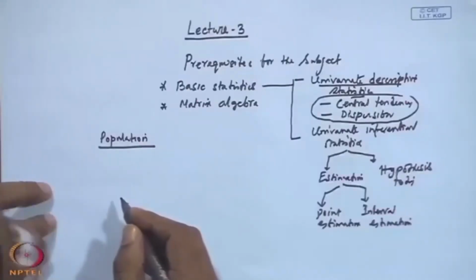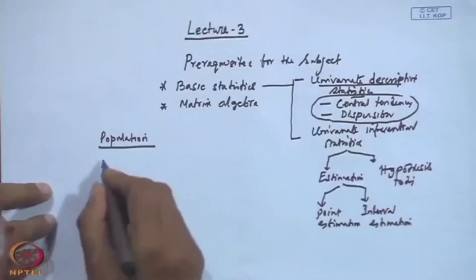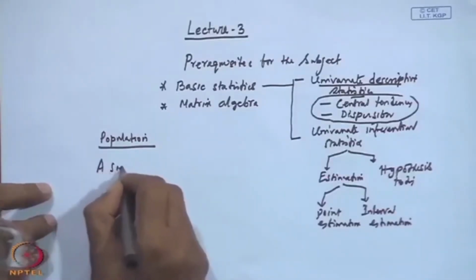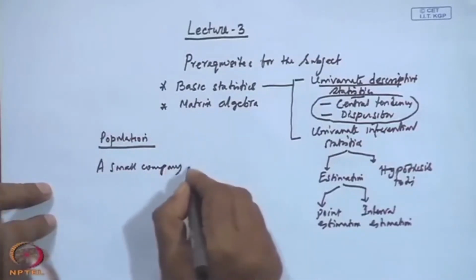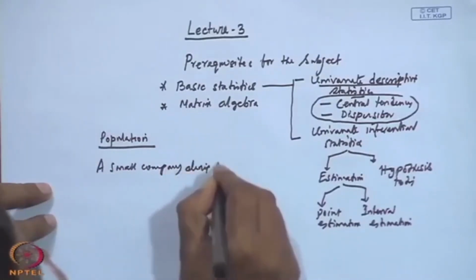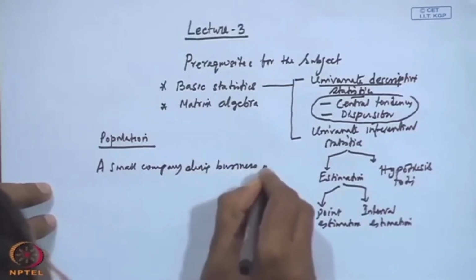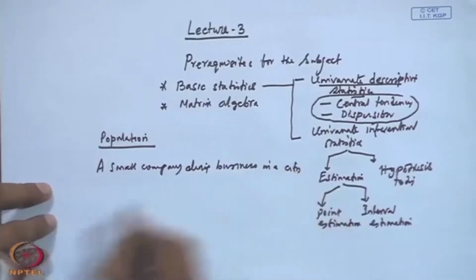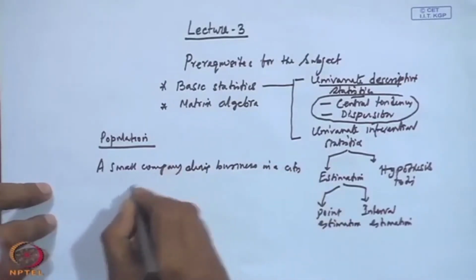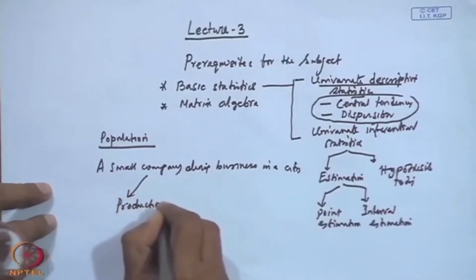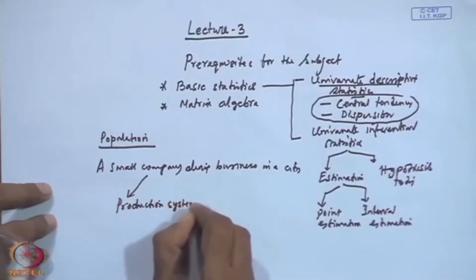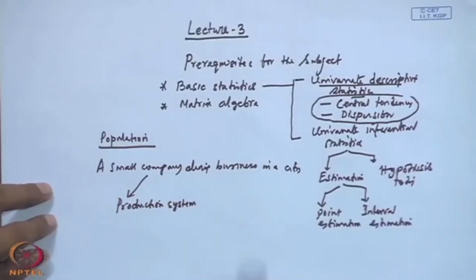For example, in the last class we described one example, that a small company doing business in a city. So, the company has a production system. Can it be a population?